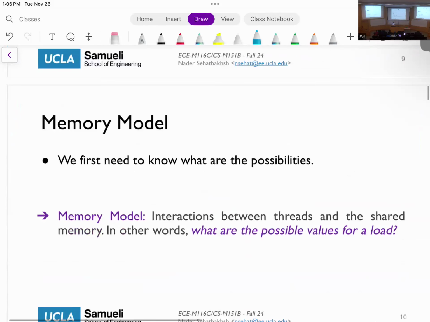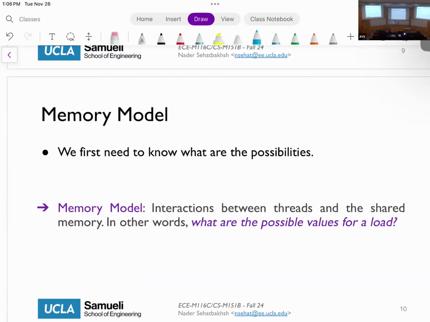So how do we fix this? We fix this by first knowing what the possibilities are. This is what we usually refer to as the memory model. We can say that, for example, the ARM processor has the memory model of weak consistency, or release consistency, or sequential consistency. So what are those?